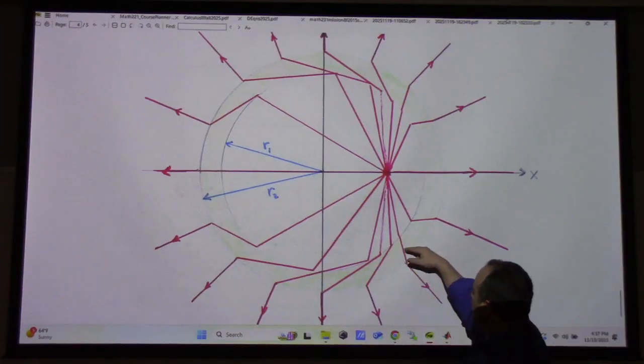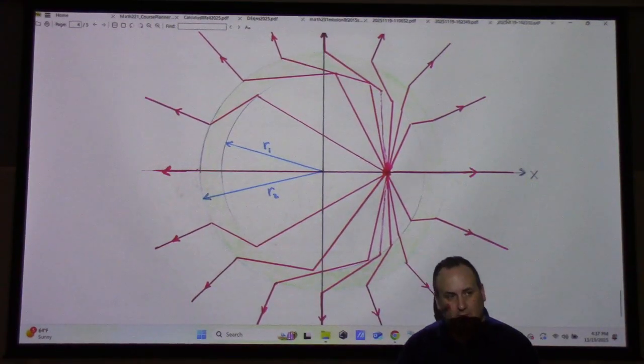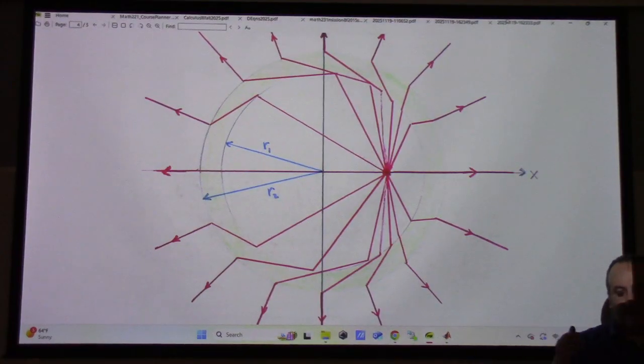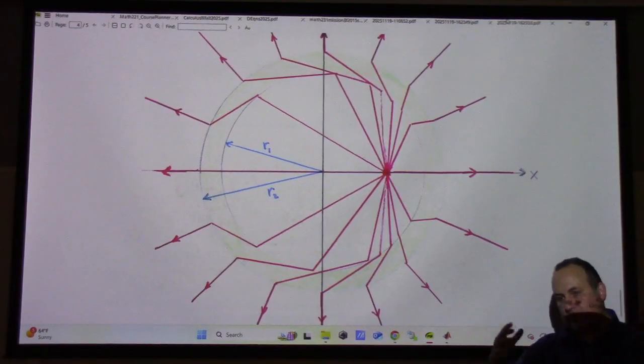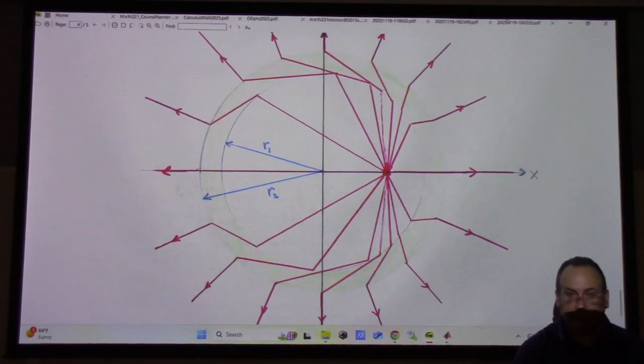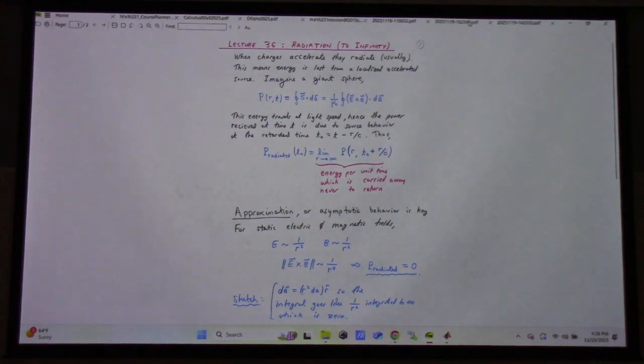And so the radiation field is in that ring that corresponds to a speed-of-light shell around where the acceleration happened. So that's basically that. Now, that's pretty cool.